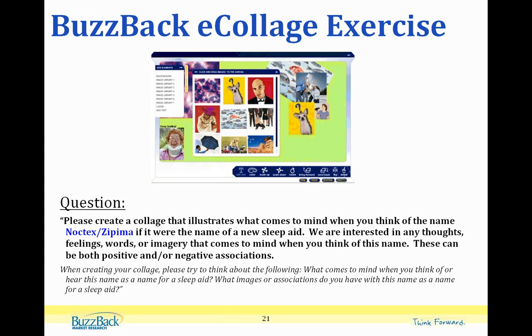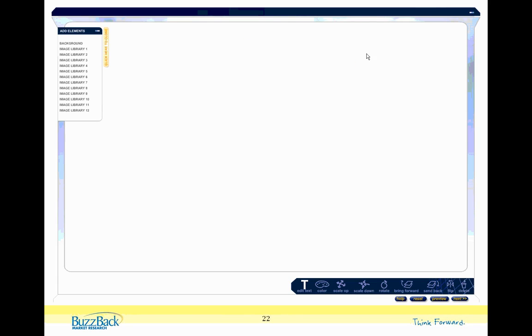We want people to consider the many aspects of a name that we're trying to evaluate. Again, this was done monadically. People either reacted to the name Noctex or Zipima. Here is the actual collage product and how it works. We provide our respondents libraries of images, and those images are distinct for each study, with imagery most appropriate to the needs of that study.